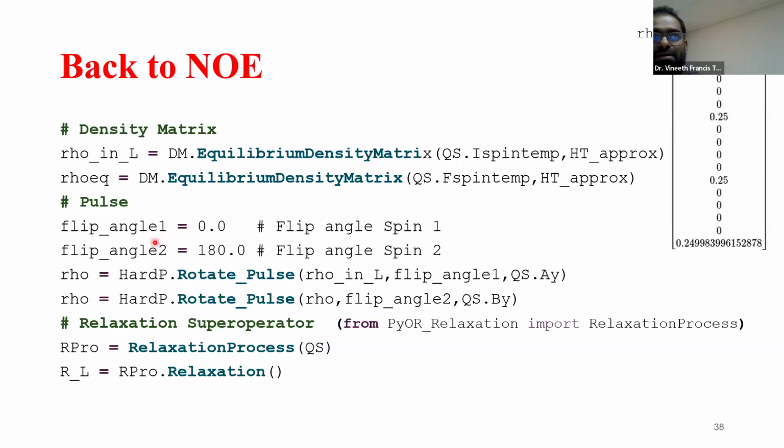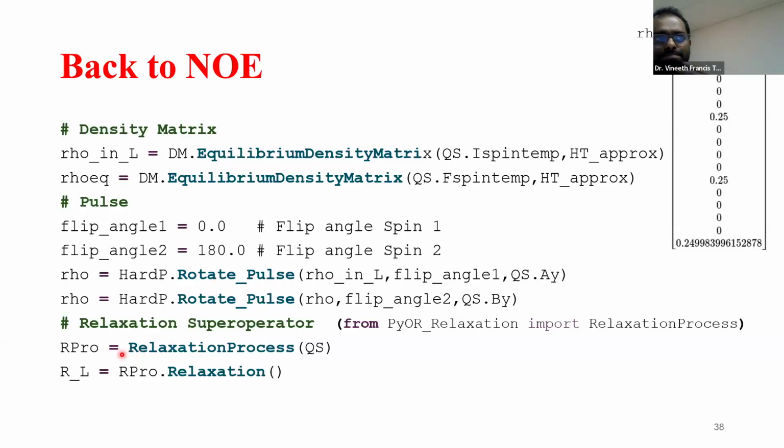Now you're going to make a 180-degree pulse on the second spin and not touch the first spin. And you can rotate the density matrix using the function we used previously. So here also, you don't have to bother about whether, in Liouville space, you should do something else. It will automatically know which space and what to do.